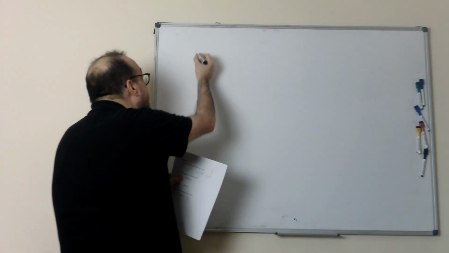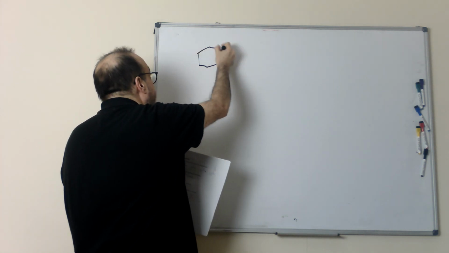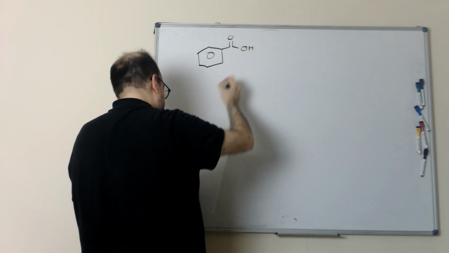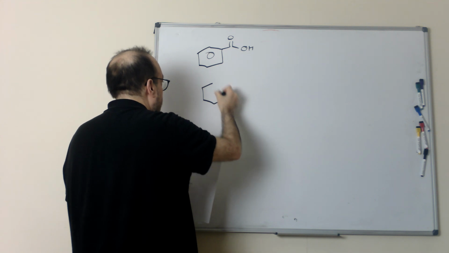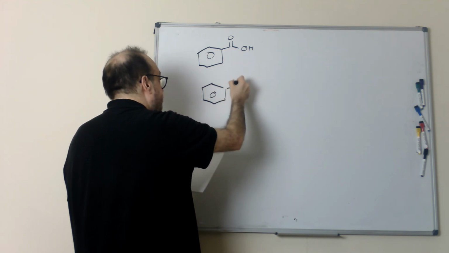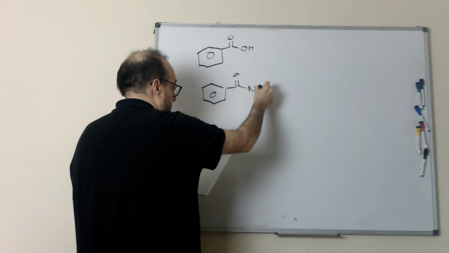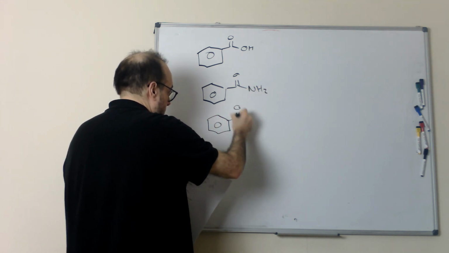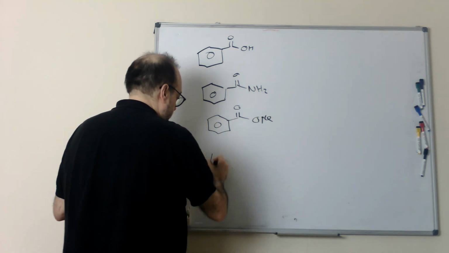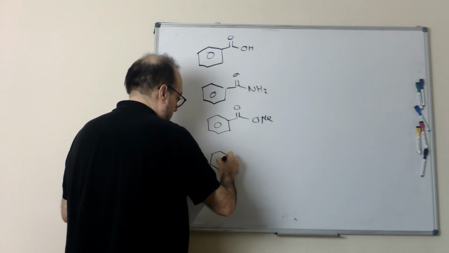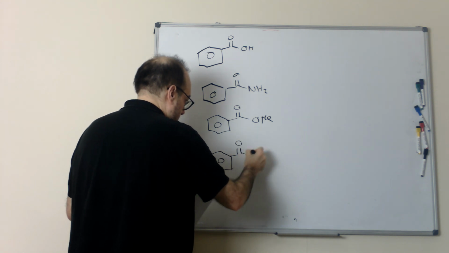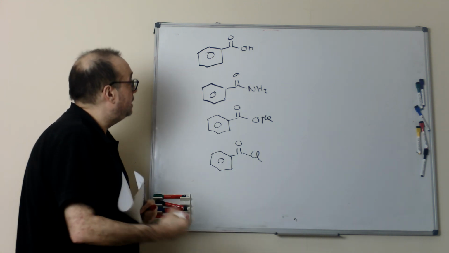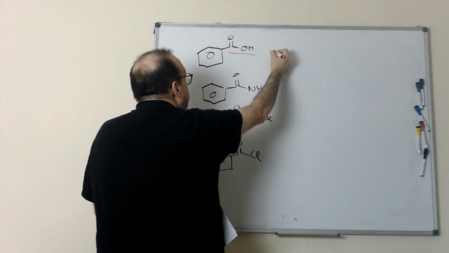Okay, the first exercise is to say which is the functionality of the following compounds. We have these compounds. This is a carboxylic acid.